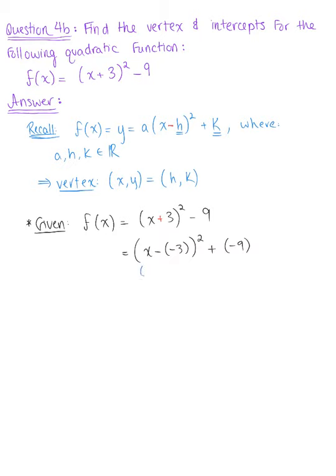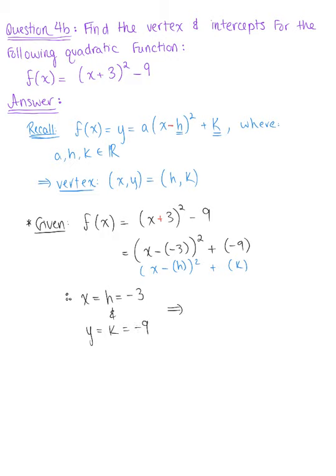We can see that we have this (x minus h), and we use parentheses here too for safety, squared plus k. So in rewriting it like this, we can see that the x-coordinate, x equals h, is negative 3, and our y-coordinate, which we know is defined as k, is equal to negative 9.